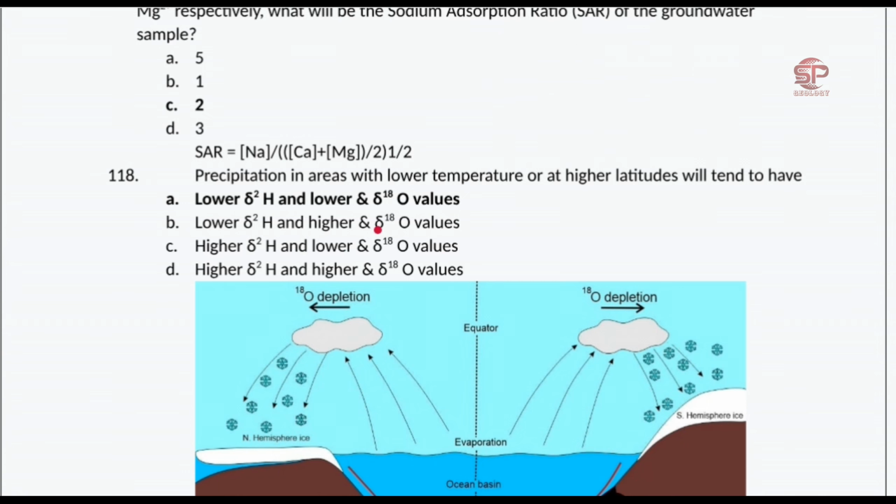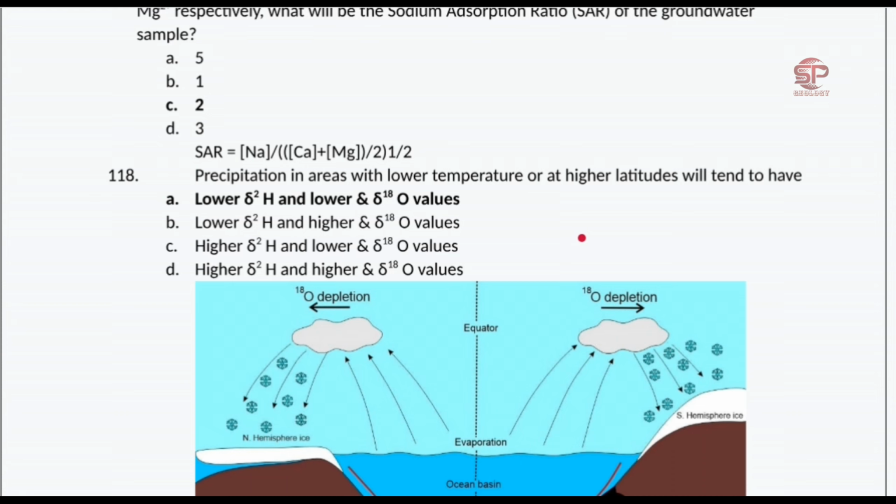Next question: precipitation in an area with lower temperature and higher latitude will tend to have lower delta H or lower delta 18 value. I think at the lower latitude, the evaporation is higher. At higher temperature, evaporation is higher.